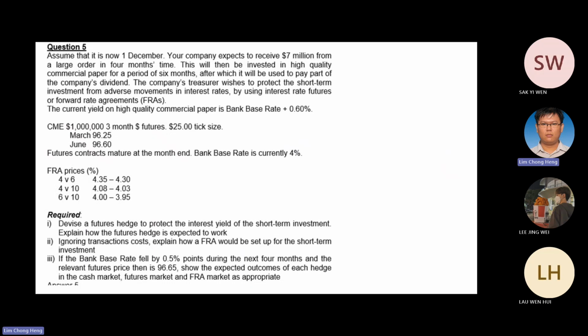So normally when you look at this kind of question, you will find they give you a lot of information and then you need to make a decision, and you need to filter out that information.